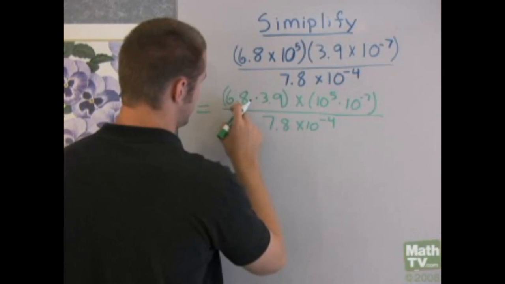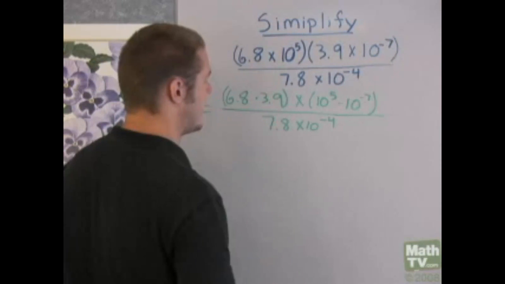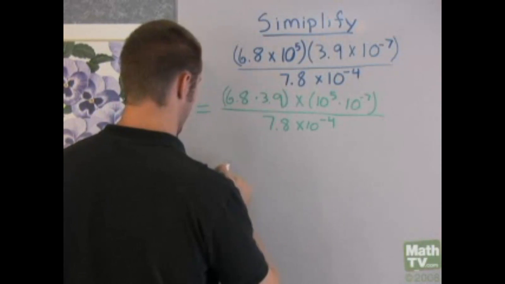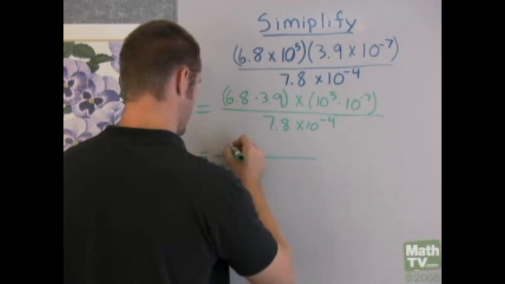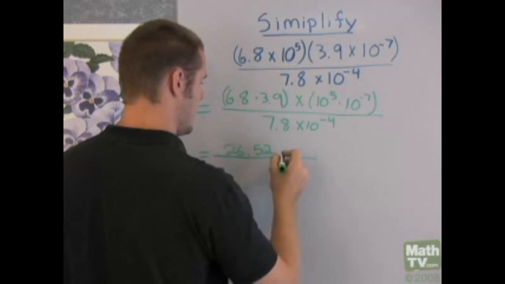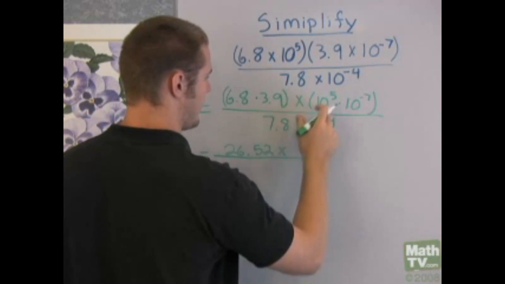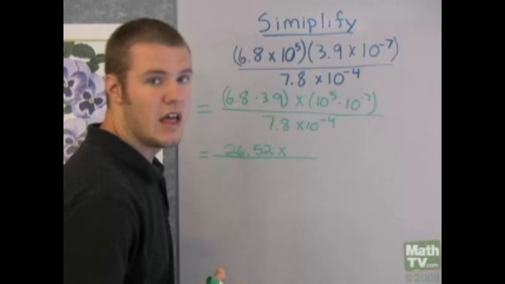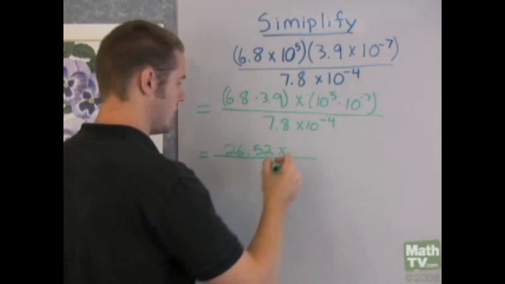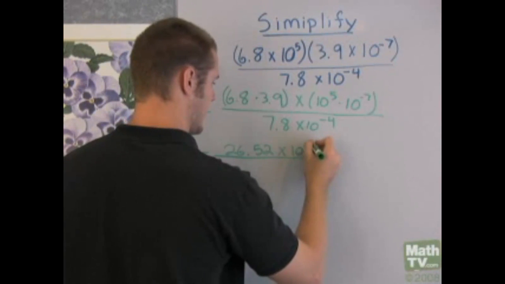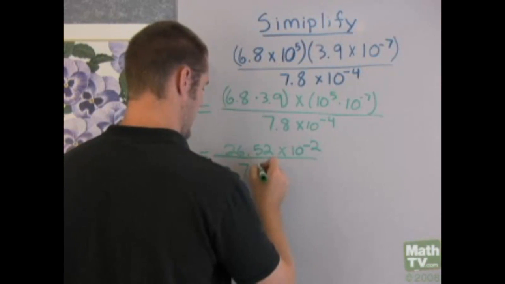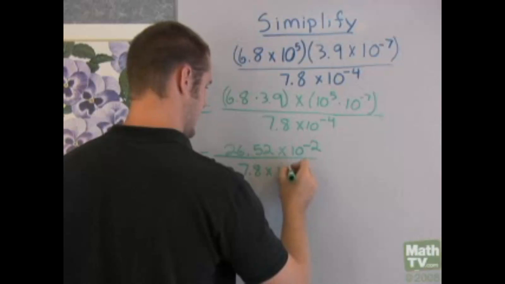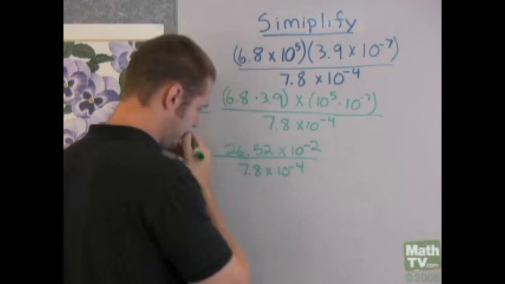Well, when you multiply 6.8 times 3.9, you're going to get 26.52. So you're going to get 26.52 times, well, 10 to the 5th times 10 to the negative 7, that's going to be 10 to the negative 2, all divided by 7.8 times 10 to the negative 4.